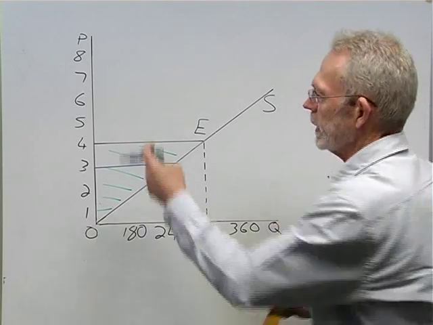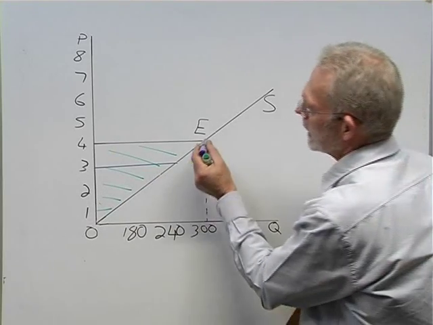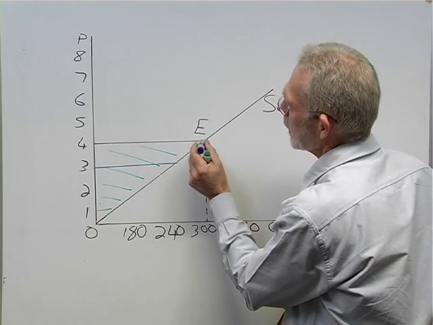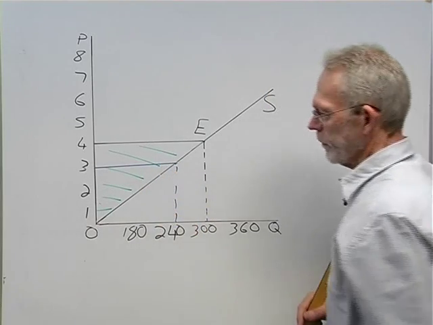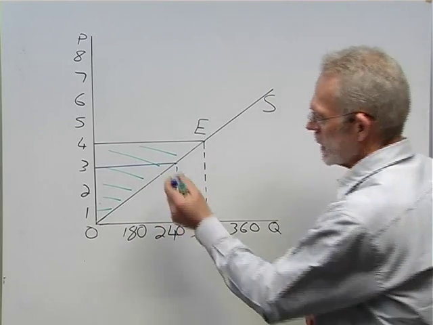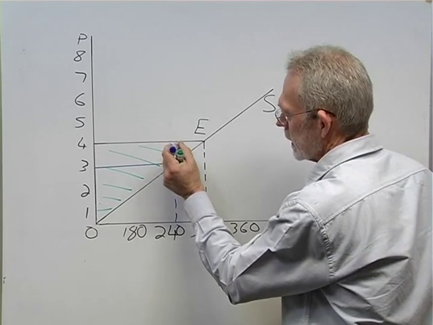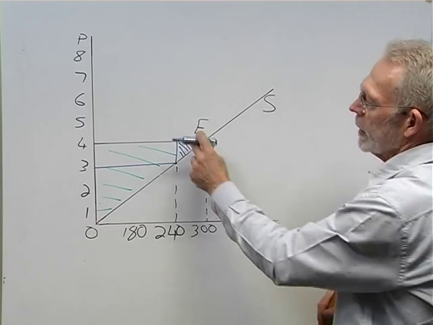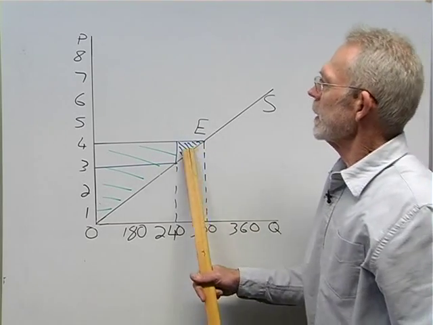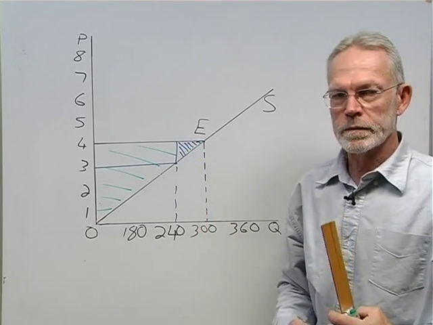Firstly, because of the decrease in price, there's a decrease in quantity supplied from this level 300 to 240. In other words, immediately we can recognize a decrease in producer surplus represented by this little triangle.